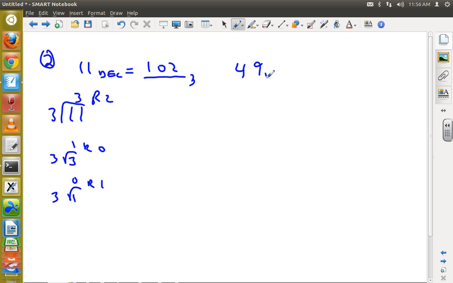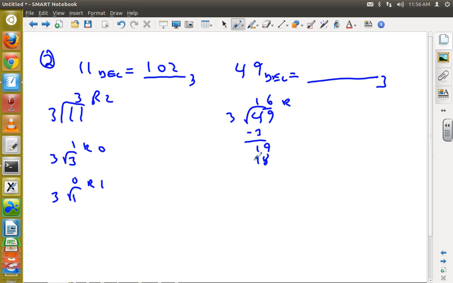What's 49 in decimal when you convert it to base 3? So take 49 and divide by 3. So 3 into 4 goes once, remainder 1. 3 times 1 is 3, you get 1, bring down the 9. 3 into 19 goes 6 because that's 18.